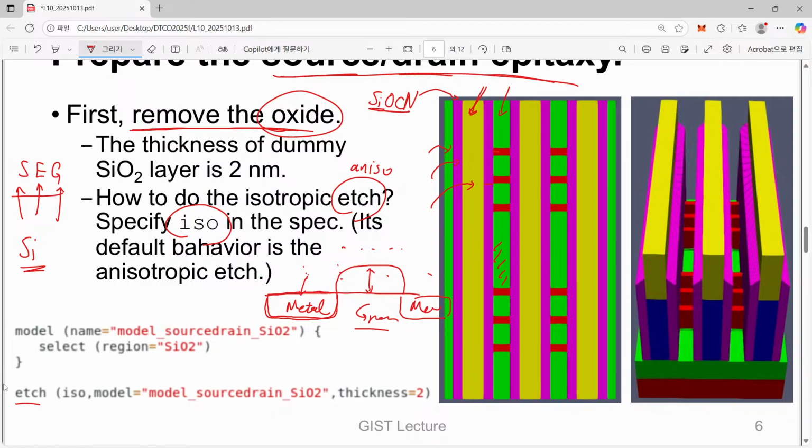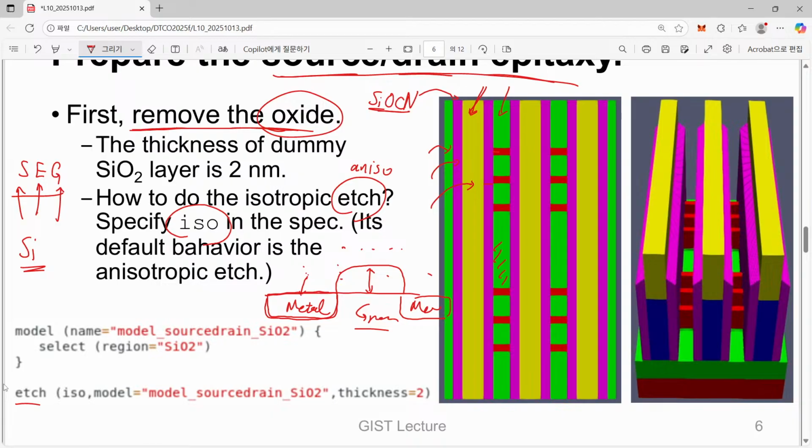Then why is it good? Because if we have such a selectivity due to the process itself, we don't need any further patterning. We can reduce several photolithography steps, and that is directly related to two things.